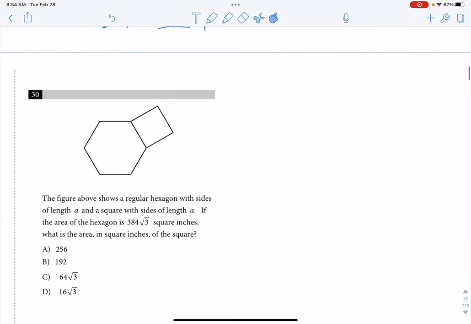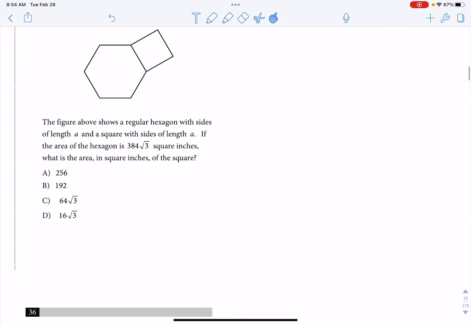And then the figure above shows the regular hexagon with a side of length A. The length of a side is A, as with a square, because a square has the same length and width on every side.